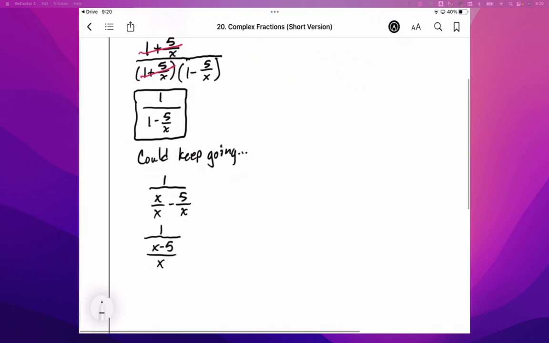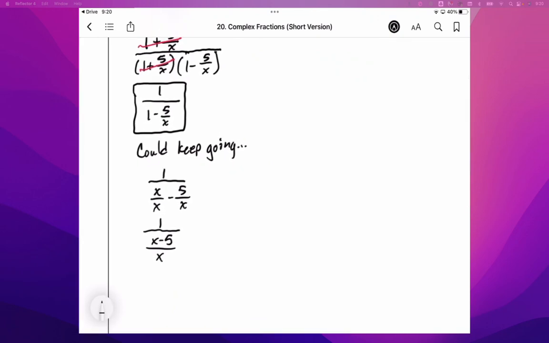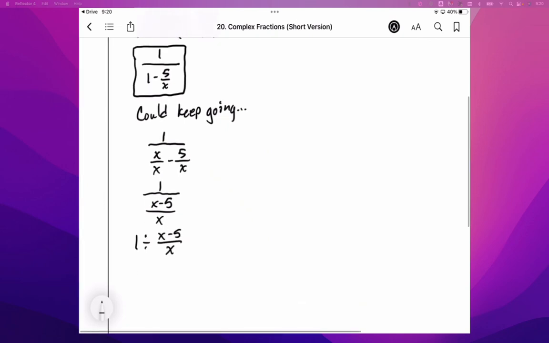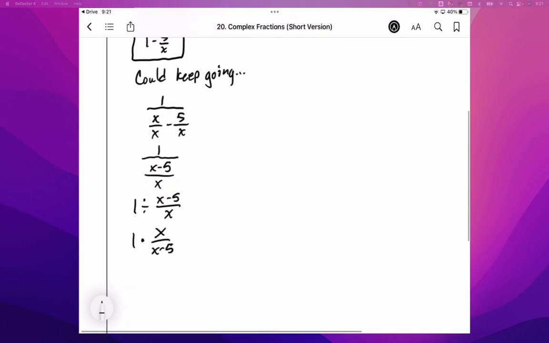Like I said, this is a little bit over the top as far as I'm concerned. And then I could write this out as the division sentence, 1 divided by x minus 5 over x. Then I could change that to multiplication, 1 times x over x minus 5. And 1 times x over x minus 5 is just x over x minus 5.